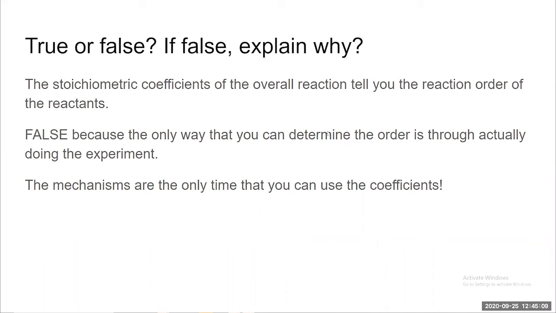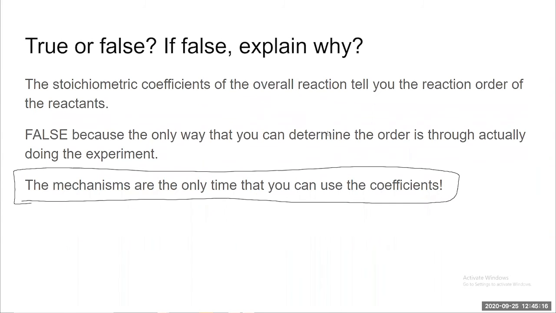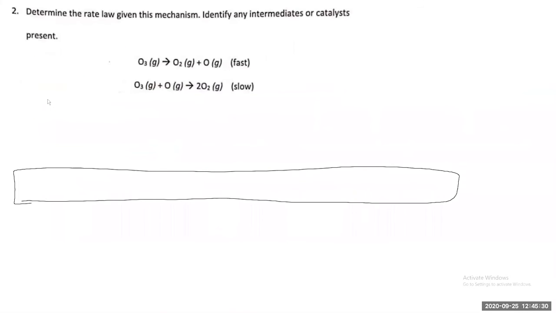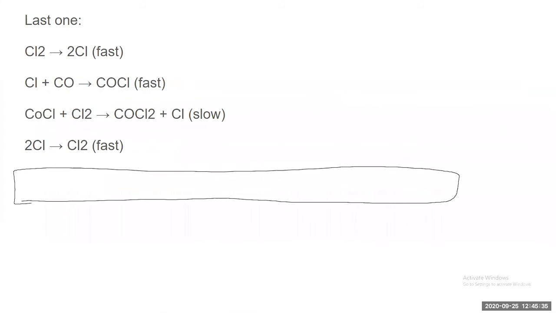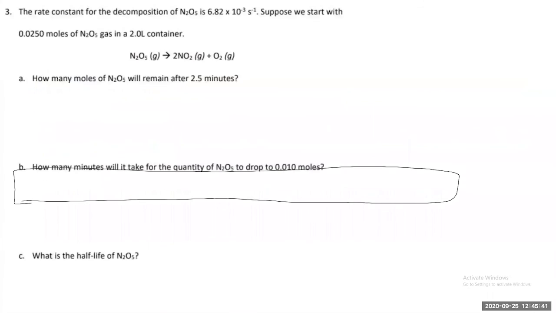The only time that you can use the stoichiometric coefficients is when it's the mechanism. When it's the slow step or any type of mechanism, that's when you can use the stoichiometric coefficients. If it's the overall reaction, you cannot do that. The last 3 examples or so were all examples of how you can't use stoichiometric coefficients in the overall reaction for the rate law.